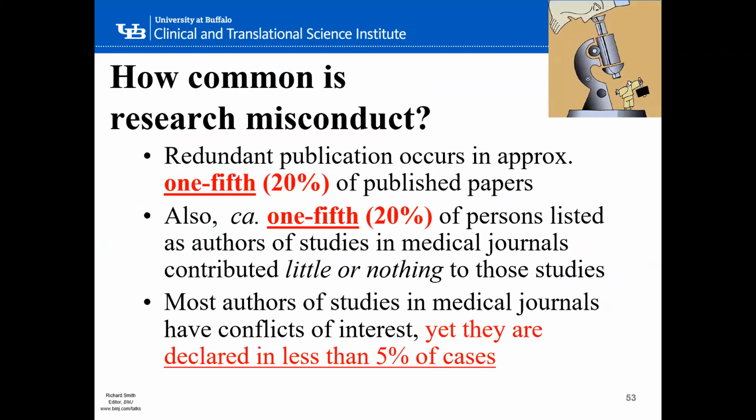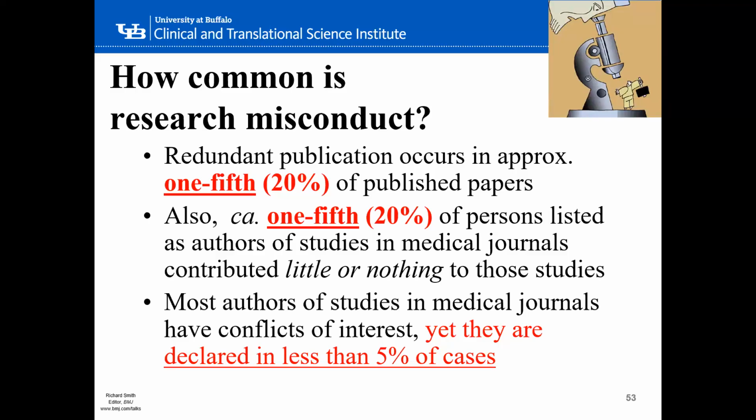So there was a study performed on the frequency of misconduct, and this is from an old study that was published in the British Medical Journal. And I took this slide from the editor of the journal at that time. That study found that a redundant or duplicate publication occurs in approximately 1/5 of published papers, 20%.